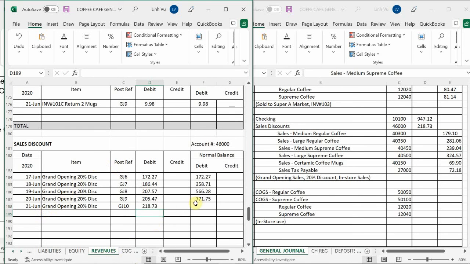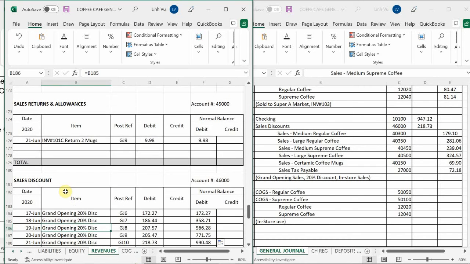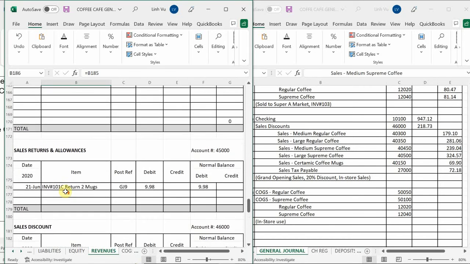And then debit is now 990.48. Good. Yes.